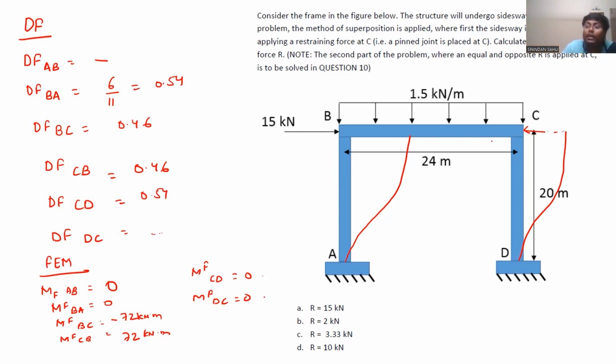So, to calculate all those fixed end moments due to sway, first you assume.